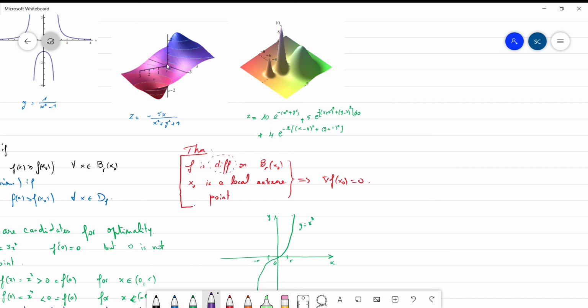For example, the points on this line cannot be local maximum or local minimum, because in any small disk centered at any point here, there are values of f that are above the value 0 and below 0. So such points are called saddle points. So let's give the definition of a saddle point.